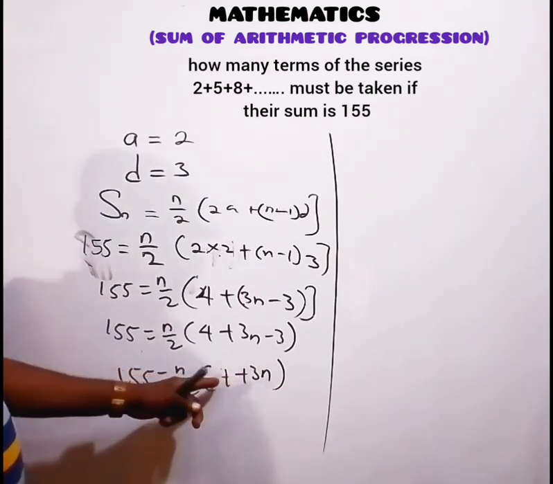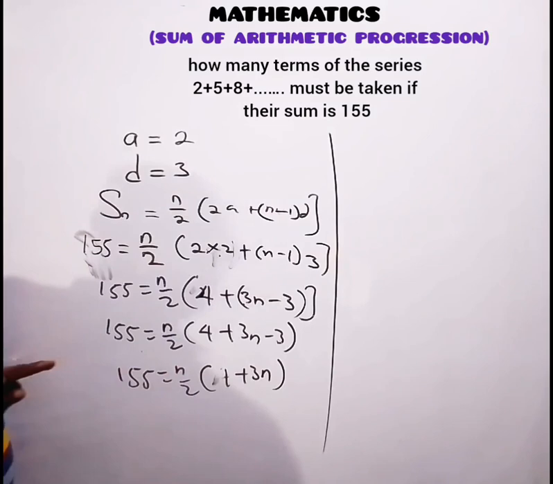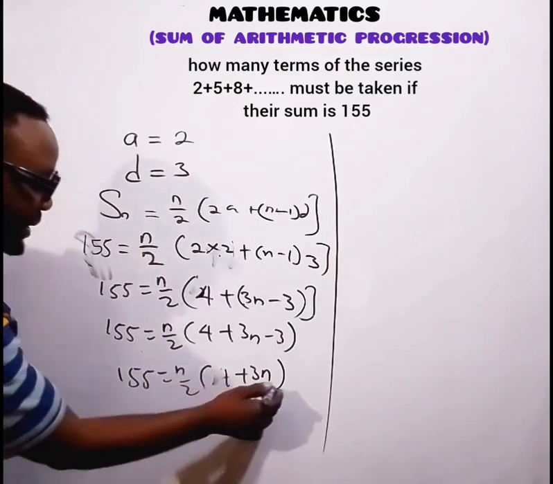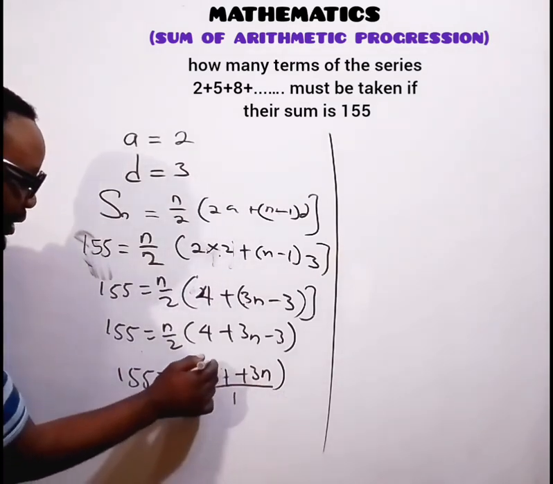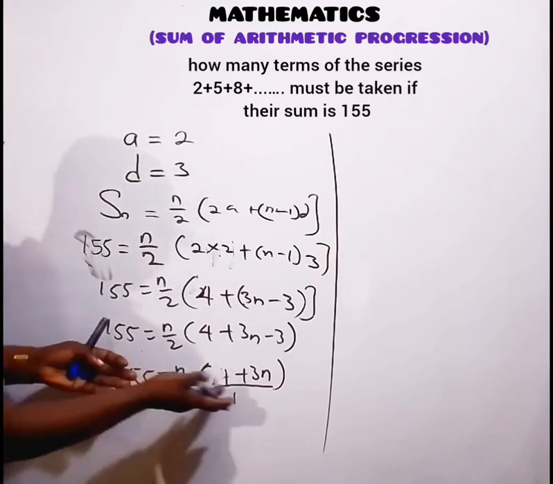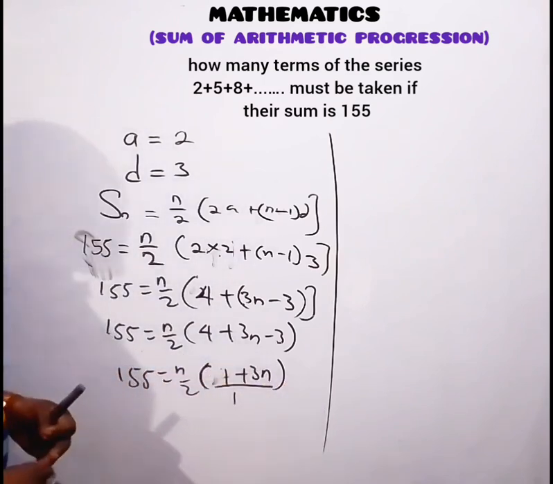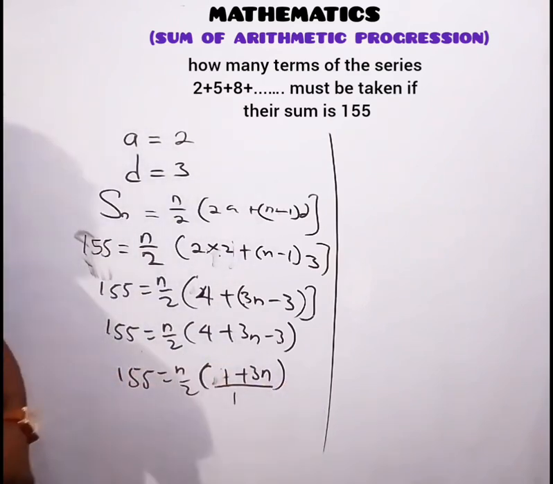Now, this 1 plus 3n is multiplied by n. It's the same thing as over 1. This bracket here means multiplication. When you have fractions being multiplied with one another, the numerator multiplies with the numerator and the denominator with the denominator.